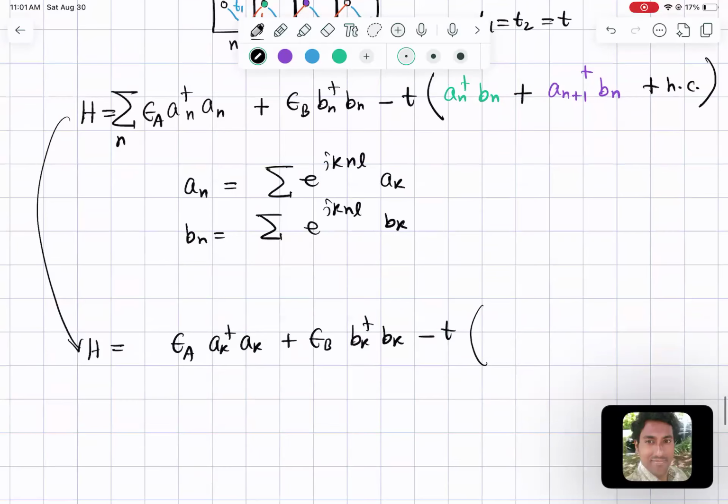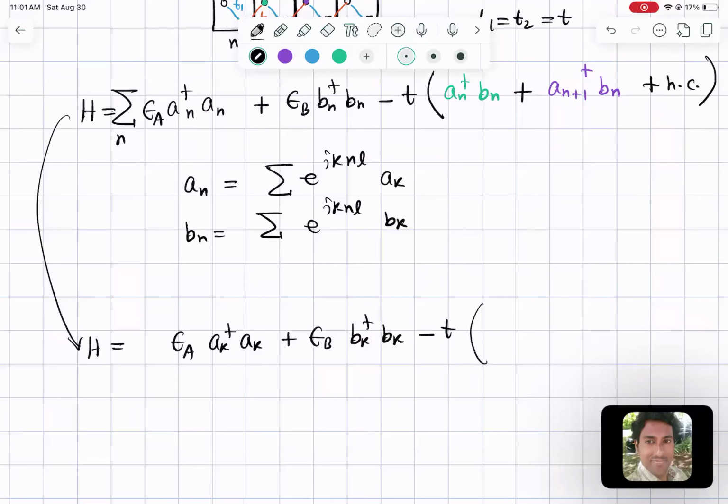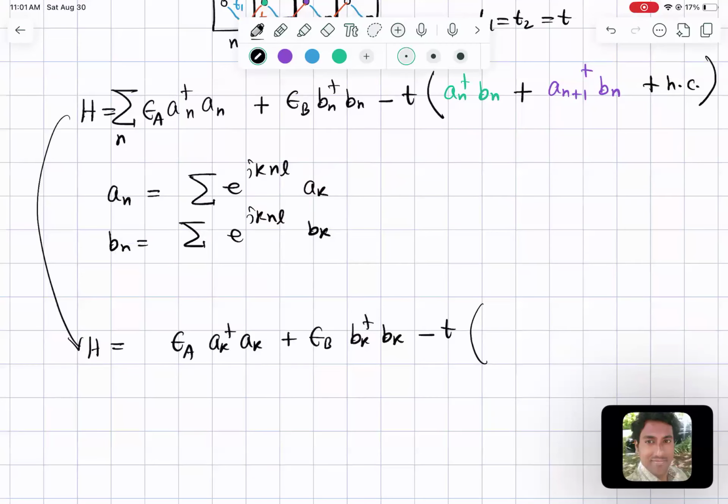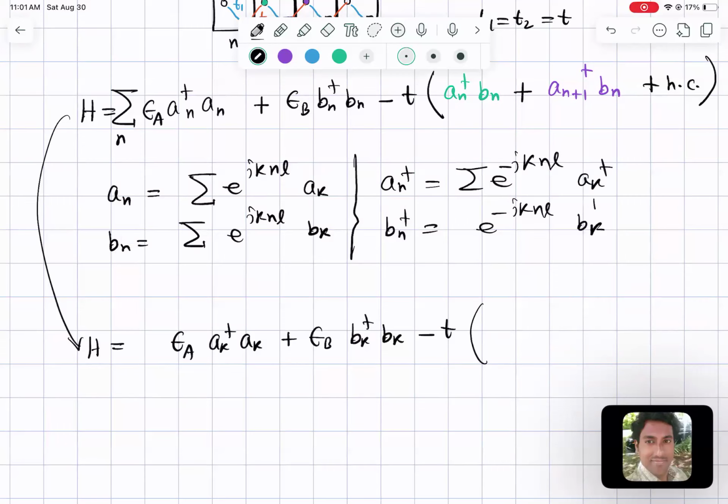Okay, so the terms would be this: A_n dagger B_n. If we write down the dagger part, A_n dagger would be e to the power i k n l, A_k dagger. B_n dagger would be e to the power minus i k n l, B_k dagger.